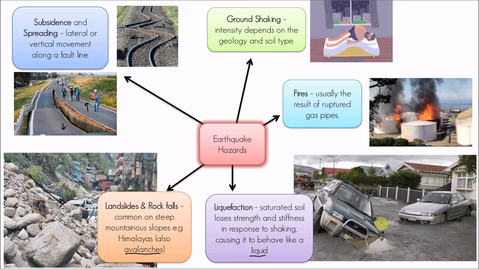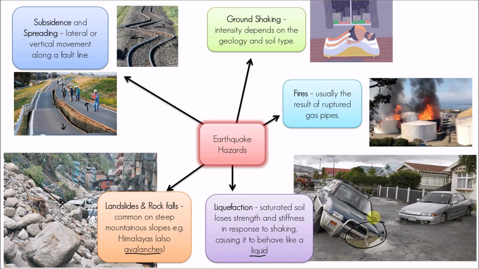And we can see how this car has actually sunk into the ground. This, before the earthquake, wasn't muddy. This would have been maybe some grass, or even a little bit of road outside someone's house, and as a result of the shaking of the ground, it's liquefied, it's turned to liquid and basically swallowed up that car.